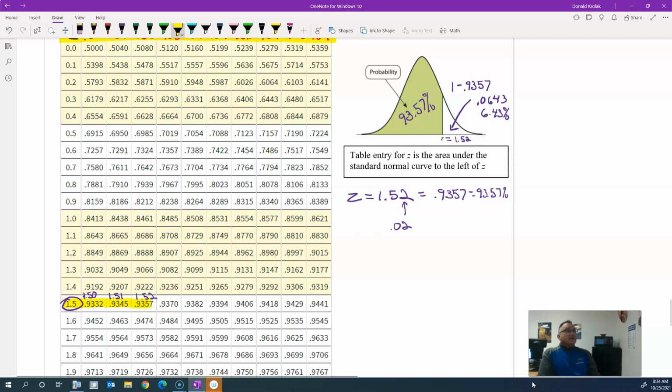So this here is to the right, and the shaded one here is the area to the left. So anytime it's asking you to find a probability to the right of a number, you first have to subtract the table value for the z-score from 1.